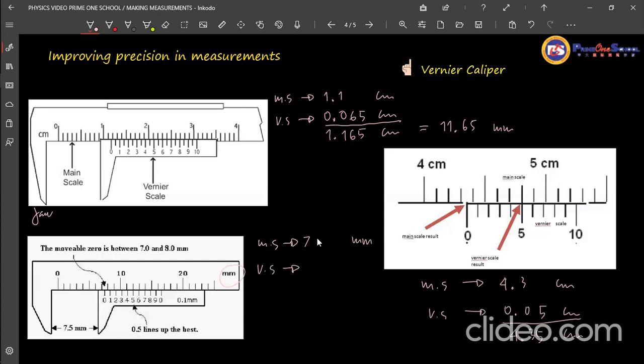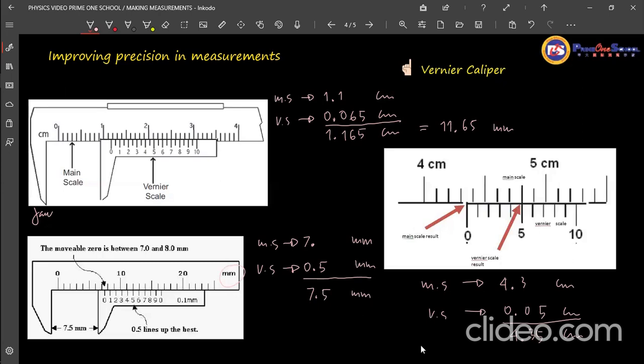So put the 5 behind the scale. Okay. I will put a point over here, and this one is millimeter, so it becomes 0.5. So it becomes 7.5 millimeter. So basically, for the Vernier scale, put it behind the main scale. Okay.